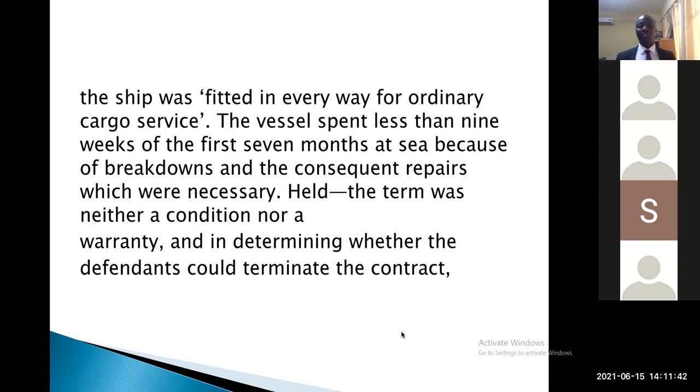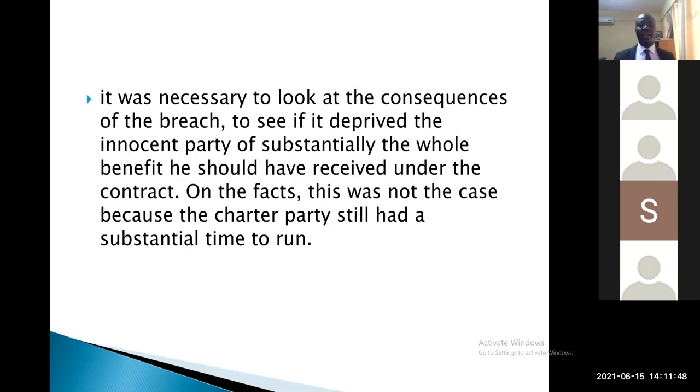But you need to adopt what we call the wait and see approach. Wait and see approach in the sense that you wait for the particular obligation to be broken, or the particular term to be broken. And then when the breach has taken place, then what you do is to try and wait.